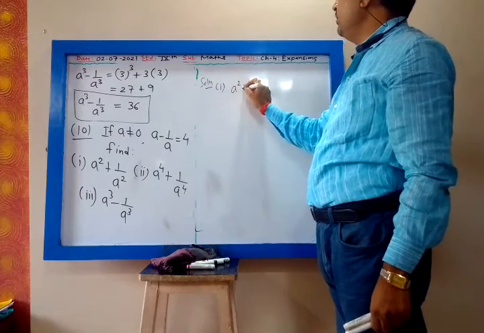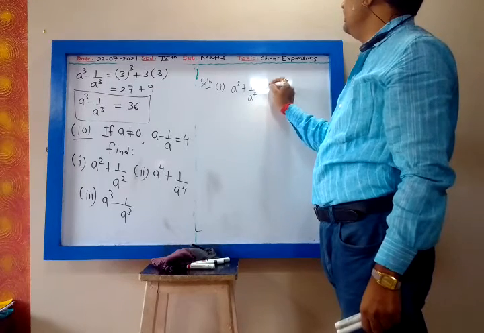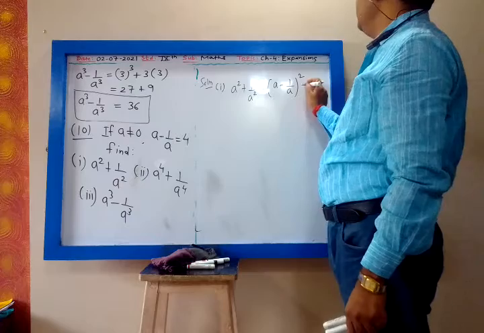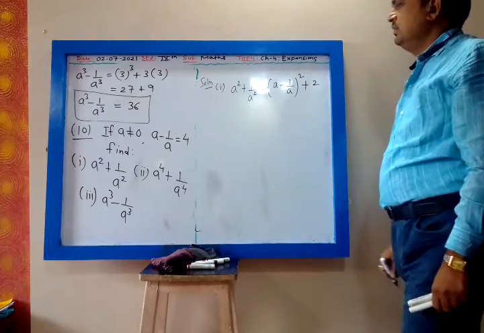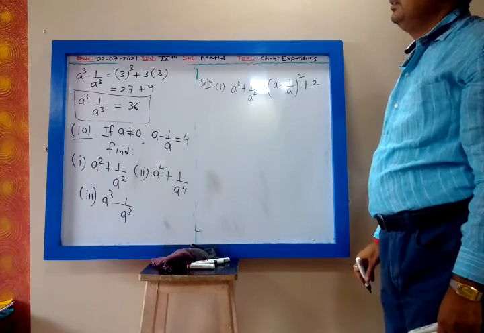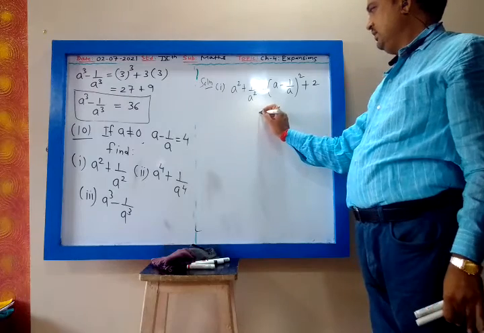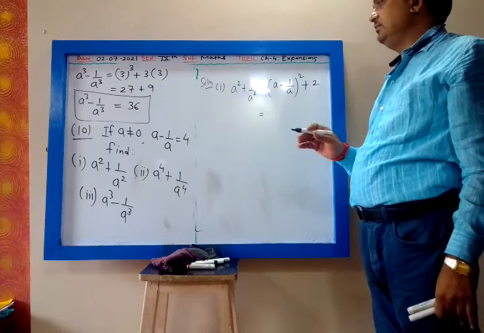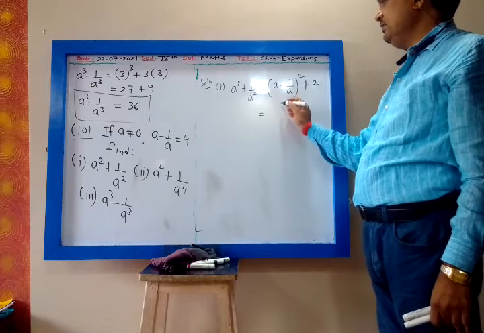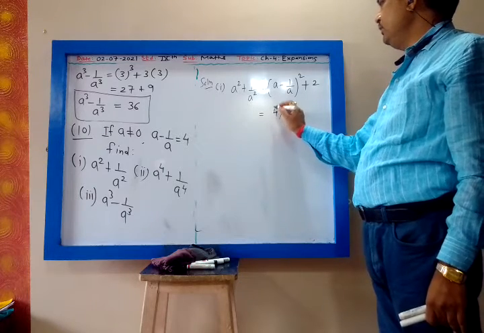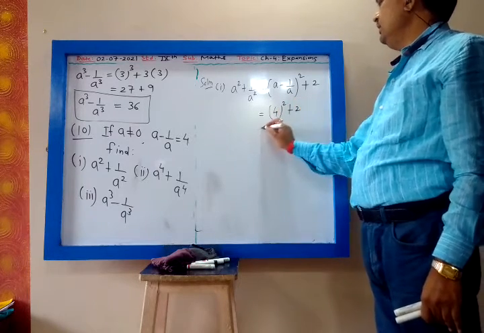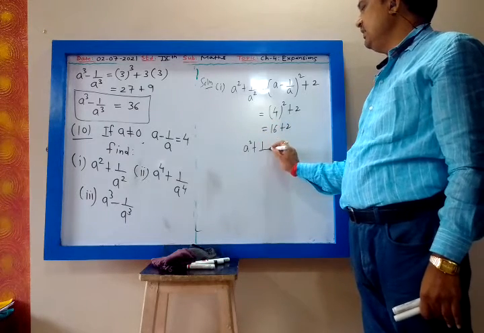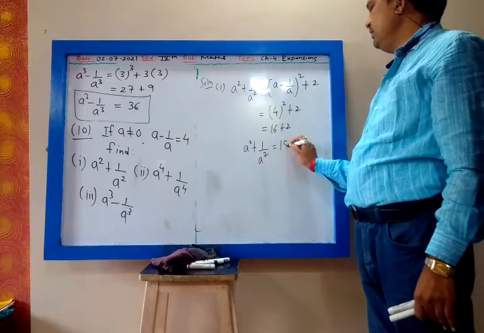That A square plus 1 upon A square, formula is A minus 1 upon A whole square, if it is minus, outside it is plus 2. A minus 1 upon A is 4, so that is 4 square plus 2. That is 16 plus 2. So A square plus 1 upon A square is 18.